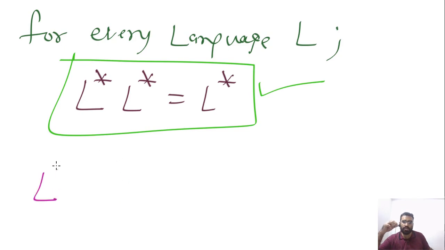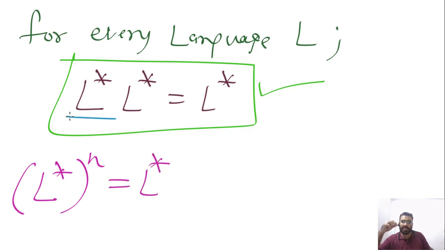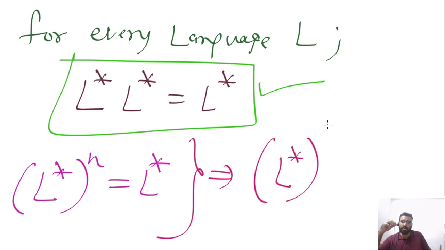Now from this you can notice that L star power n, any power n, will be L star. So L star power 4, L star power 2, L star power n, that will be L star. And from this I can say that L star whole star will be equal to L star.